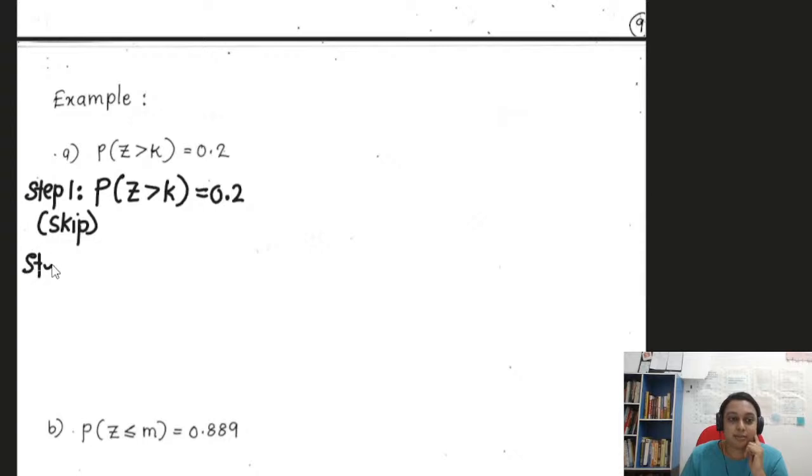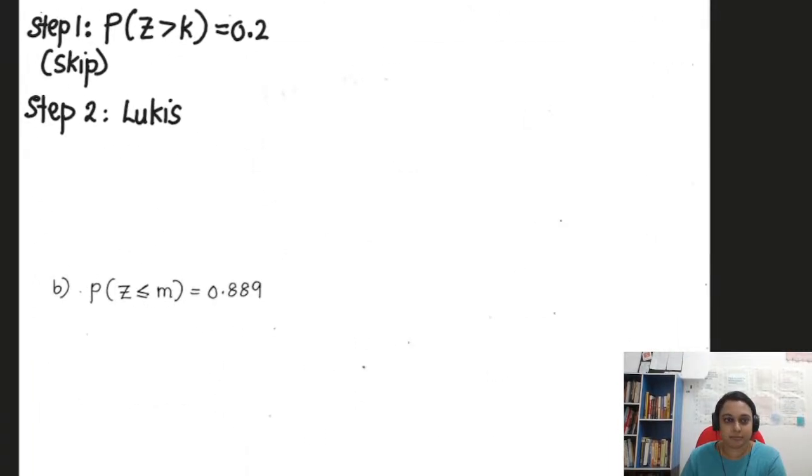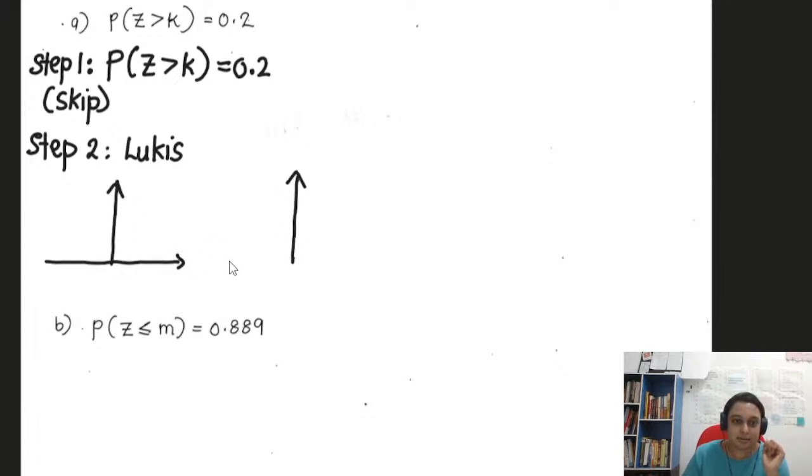Okay, step 2. Step 2, you must lukis. You must draw. Draw apa cikgu? Okay, this is what teacher want you all to do. Lukis the graph. Okay, lukis 2 graph. You follow like teacher. Left hand side, right hand side like that.